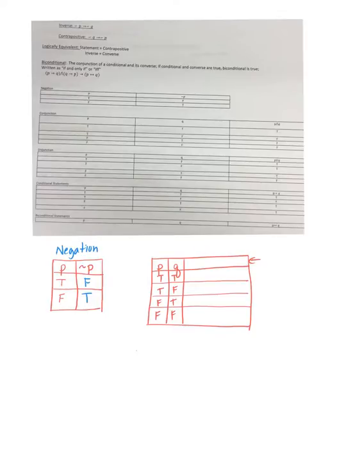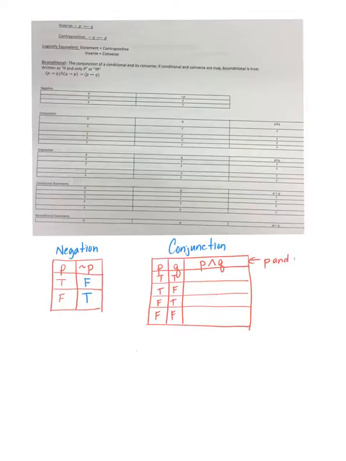On this one, we're going to do the conjunction, and this is one that you're going to have to memorize. So my column up here at the top tells me what I'm going to do. I'm going to put those together with a conjunction. That's what my symbol means, remember? P and Q is what this says.